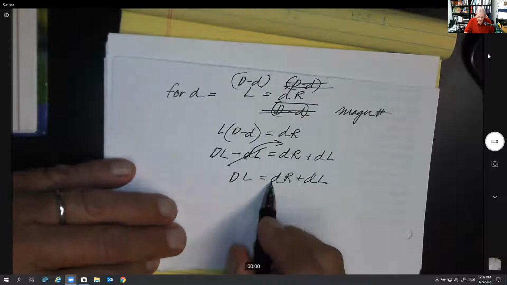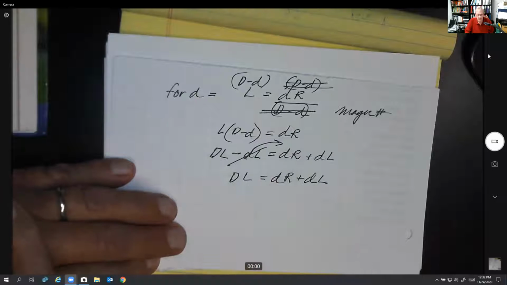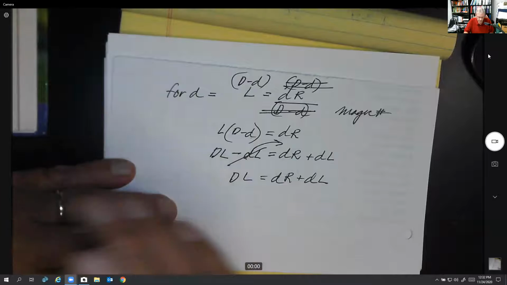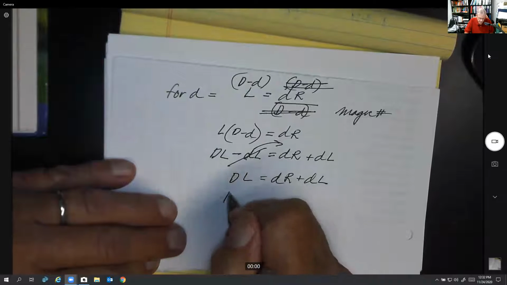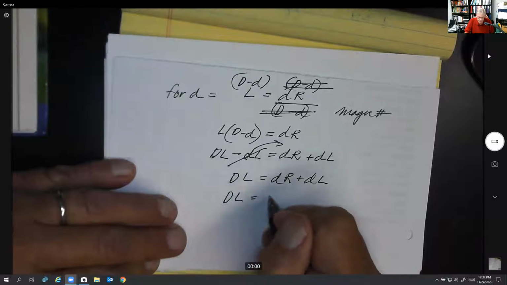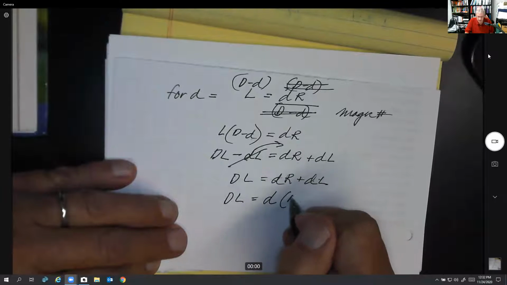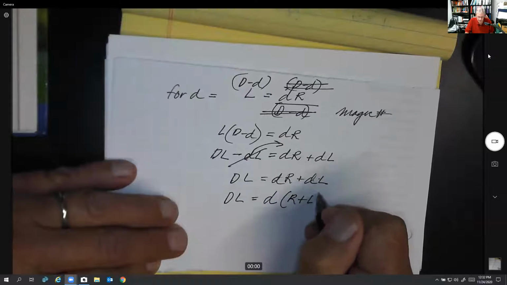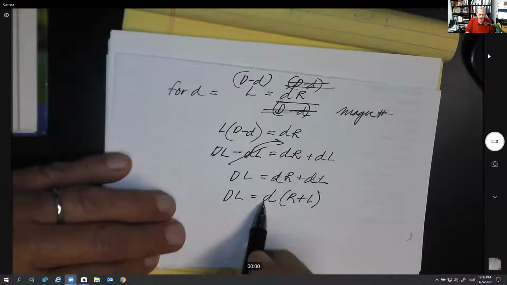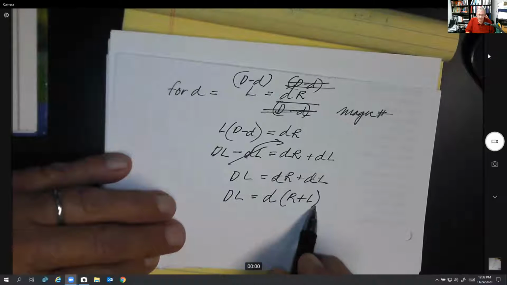Now let's get this down to 1d. How can we do that? Let's factor that out. Just some basics, basic factoring, r plus l. So d, small d is being multiplied times this whole thing.